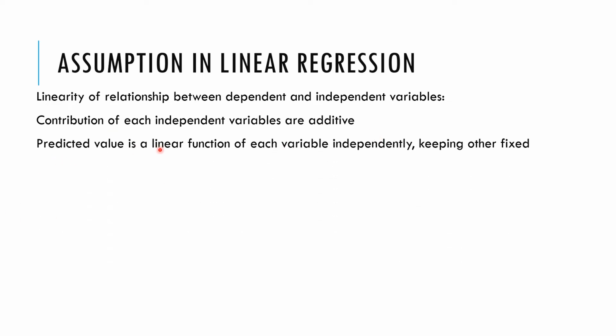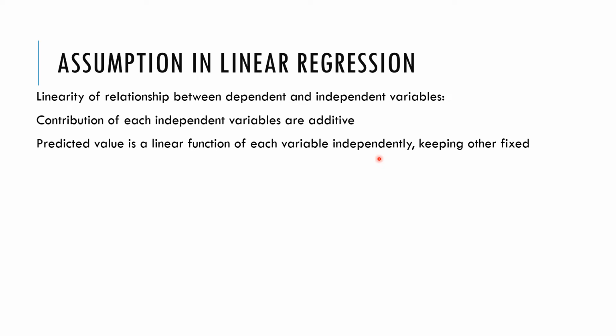Now, the predicted value is a linear function of each variable independently, that means keeping others fixed. What it means is that the relationship of the response variable y is linear with each of the independent variables. Let's say there are three independent variables x1, x2, x3. The linear equation will be y is equal to theta naught plus theta 1 x1 plus theta 2 x2 plus theta 3 x3, and so on.